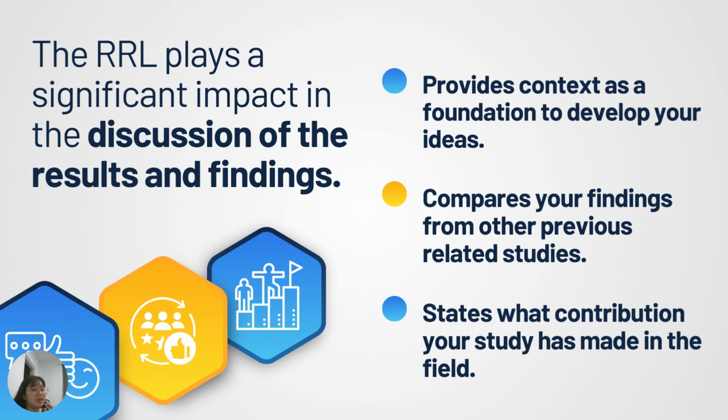We really cite the page, amoni ginambal sang researcher amoni same sa amon findings. So chapter 2 and chapter 4 are highly connected with each other. So whatever we find in the RRL, we cite that in the results and findings or the discussion of the results and findings. So the RRL provides context as a foundation to develop your ideas.